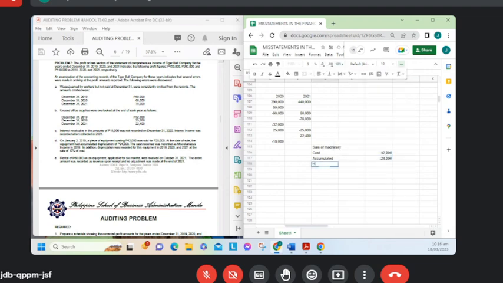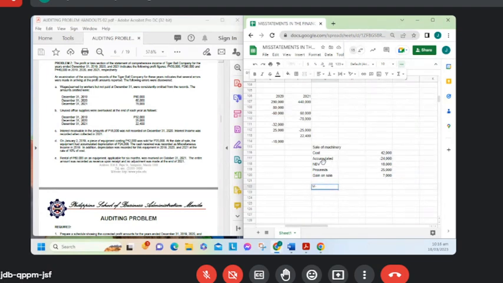So it means the net book value at the time of sale is 18,000 pesos. And it was sold for cash proceeds of 25,000 pesos. So it means there is a gain on sale of 7,000 pesos supposedly.